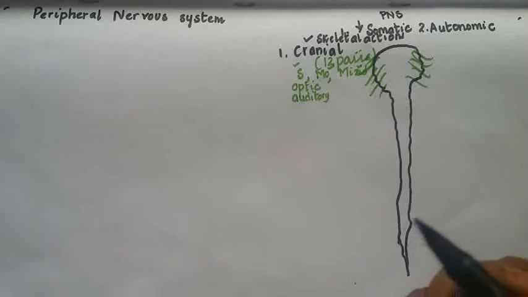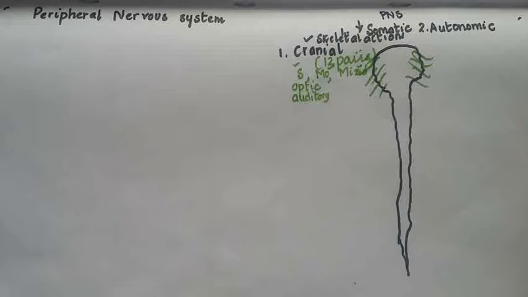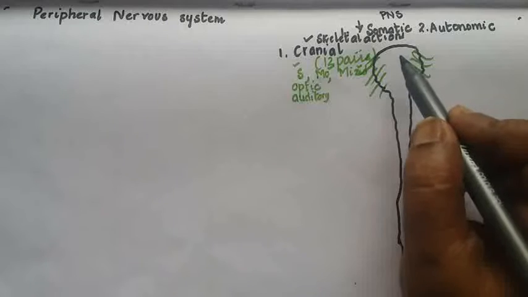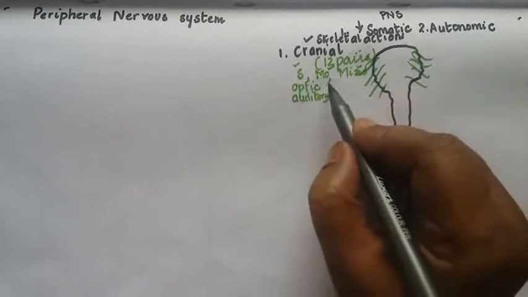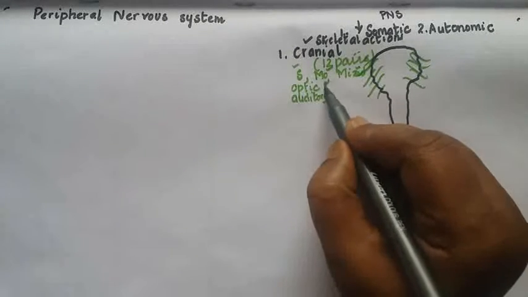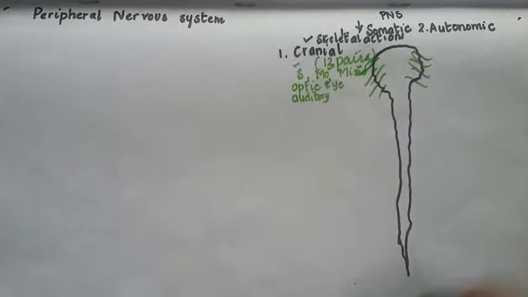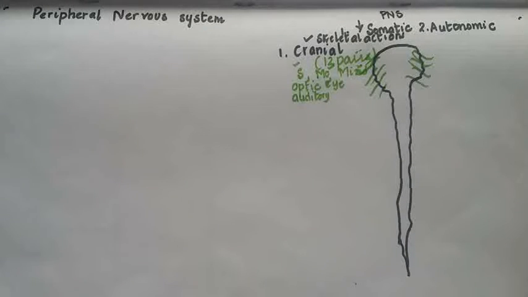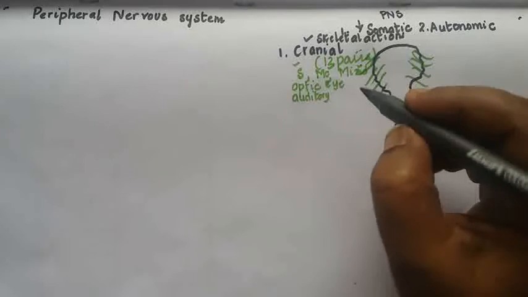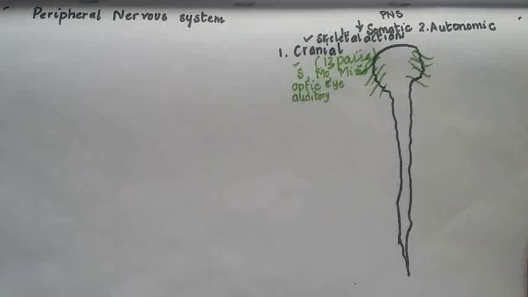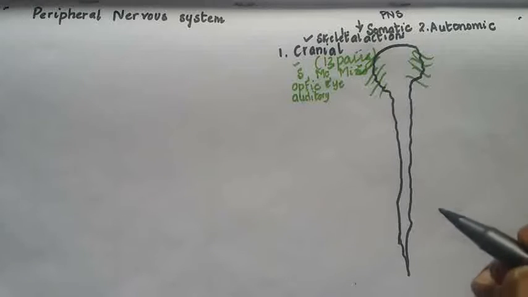Sometimes it can even be a motor nerve, such as the nerves which are emerging from the brain carrying the impulses to your eye muscles, making your eyeball rotate. It can be one of the motor nerves, or sometimes it can be a mixed nerve, which are the nerves going to and coming from the face or the tongue.